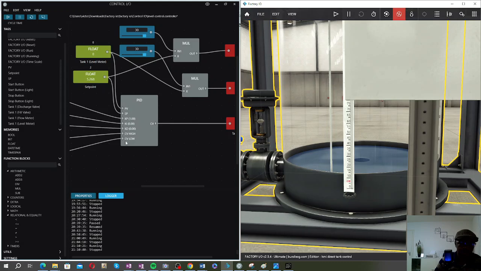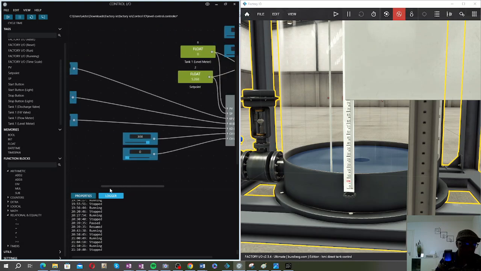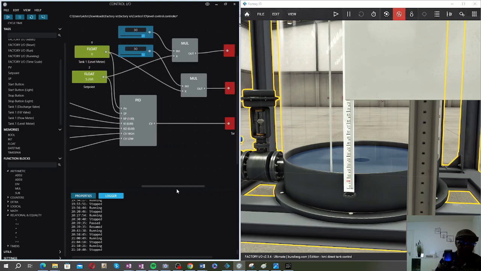So this is what we are trying to do now. But before we look at this, I want you to really understand what it is we are trying to do here. You can see 0 and 300. I want you to know what a PID controller is, what it can do, and all that.